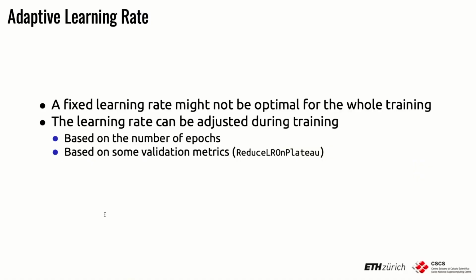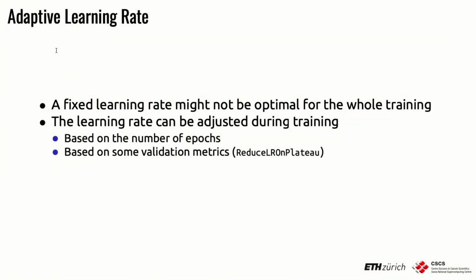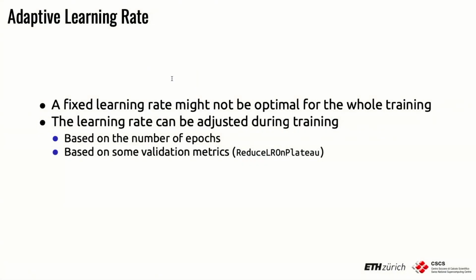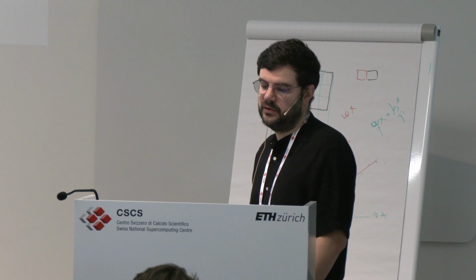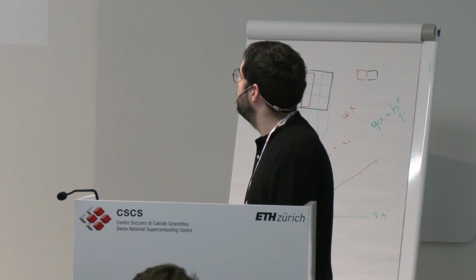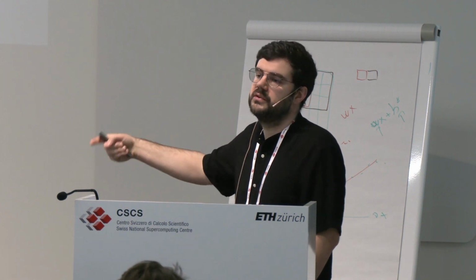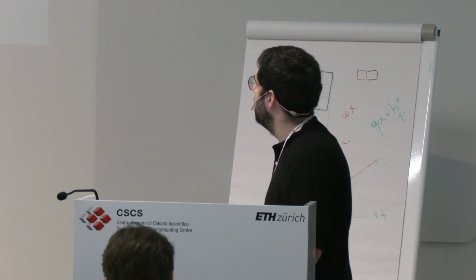Another technique that can be useful if your model is struggling to train is to use an adaptive learning rate. Before, we've seen a fixed learning rate, which is the parameter of the optimizer, but it might be non-optimal for the whole of the training, also because the gradients change quite a lot during the training.